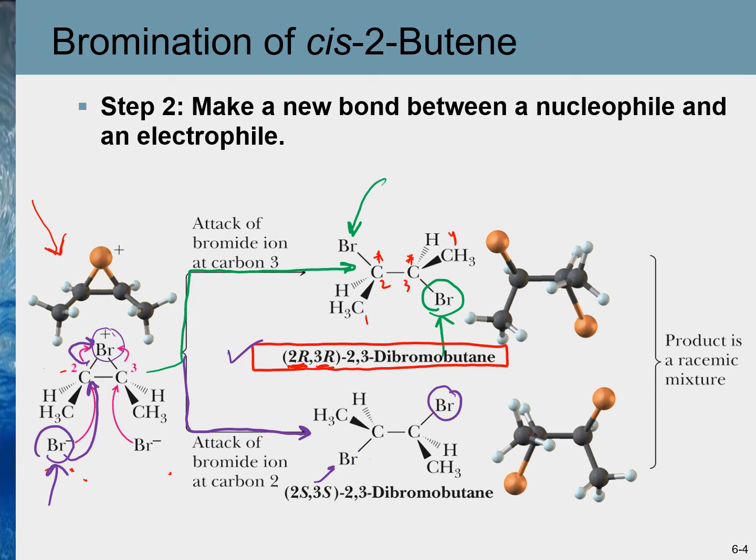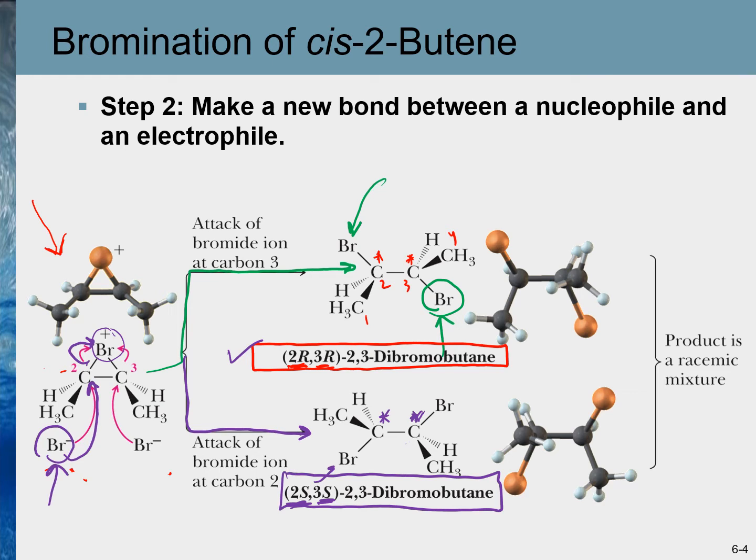If you calculate the stereochemistry of this molecule, this one also has 2 stereocenters. At number 2 we have S configuration, and at number 3 we also have S configuration. So this molecule is (2S,3S)-2,3-dibromobutane.